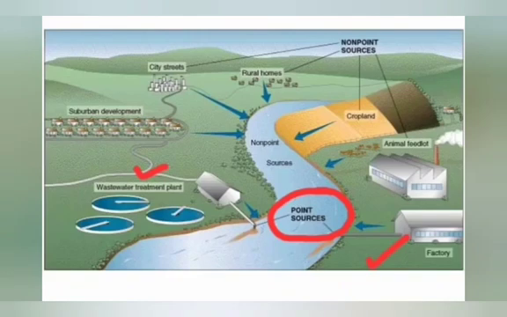The waste produced by the factories goes into the water. It means when you can identify where the pollutants come from, then these types of sources are called point sources. Point sources are identified sources.